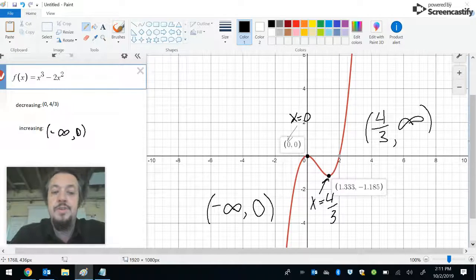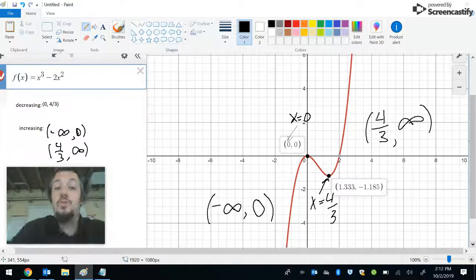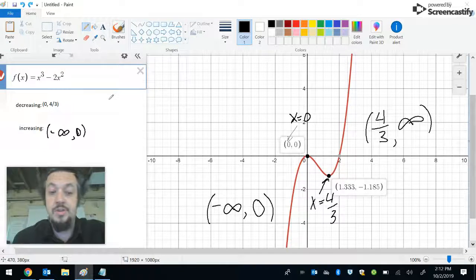And because there's two different intervals over which the function is increasing, we can do that by describing the intervals separately. I can say 4/3 to infinity, like that, if I'm describing where it's increasing. Alternatively, if you've taken geometry, you know unions and intersections.